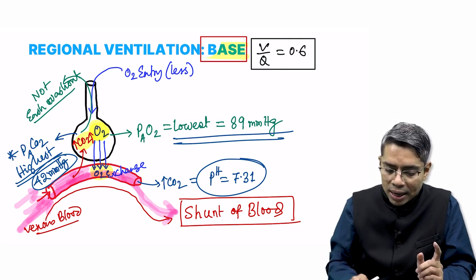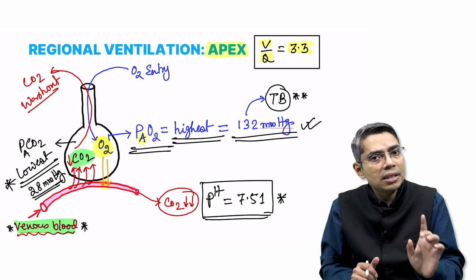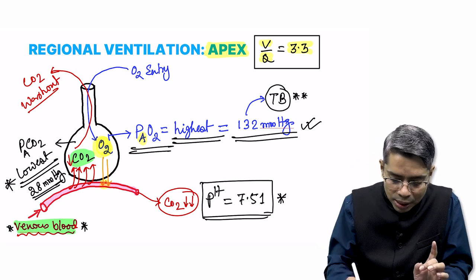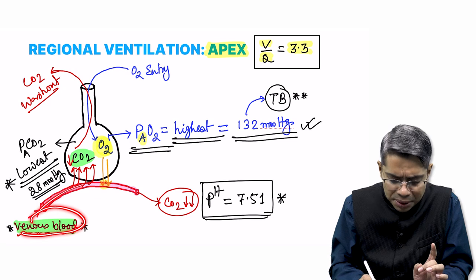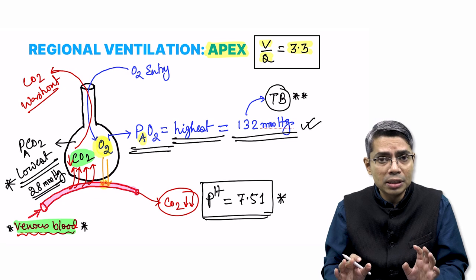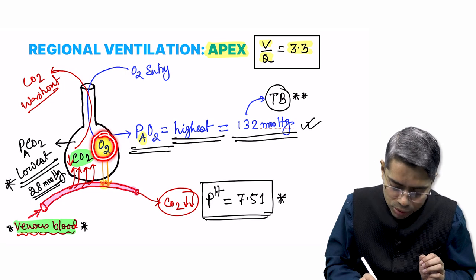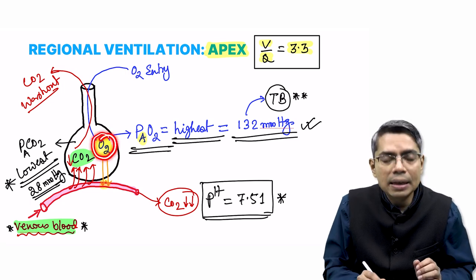And if you look back at the apical alveoli, in the apical alveoli, this shunting is not going to happen because here the venous blood flow is very less. Means all the blood is going to get proper oxygenation. But even after proper oxygenation, some of the oxygen is going to stay in the alveoli.